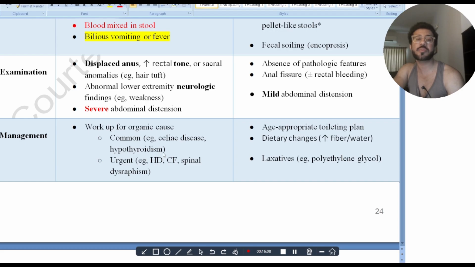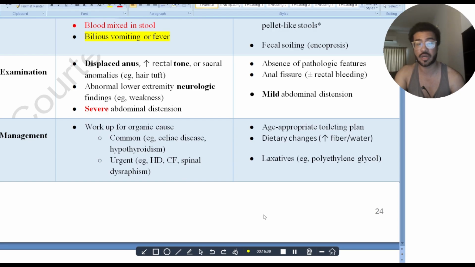If it's Hirschsprung disease, you're going to do a barium enema, in which contrast material is inserted through an enema and then visualized. It shows a contracted colon distally with increased tone in the rectal vault, and proximally it shows a dilated part of the colon.